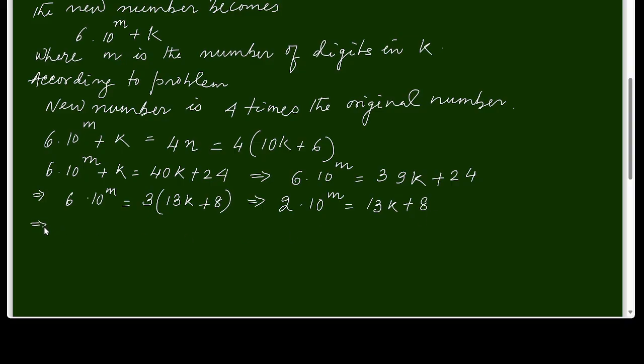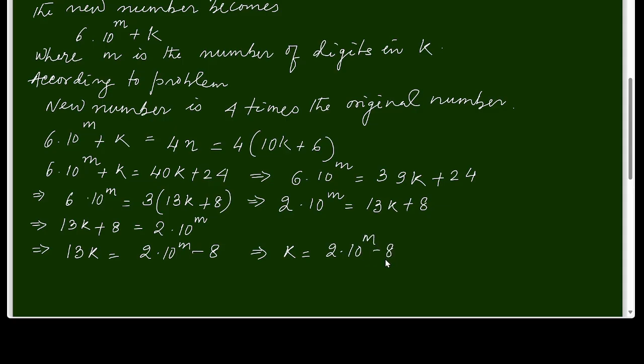So from this, 13 times k plus 8 equals 2 into 10 to the power m, or 13k equals 2 into 10 to the power m minus 8, or k equals 2 into 10 to the power m minus 8 over 13.